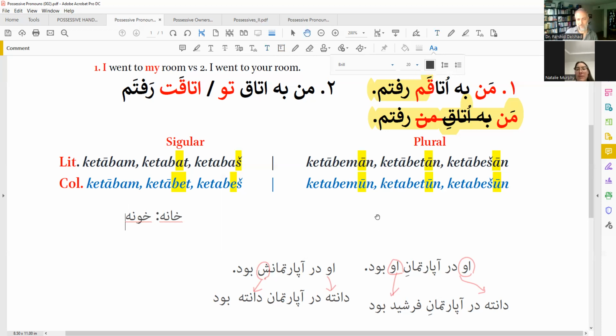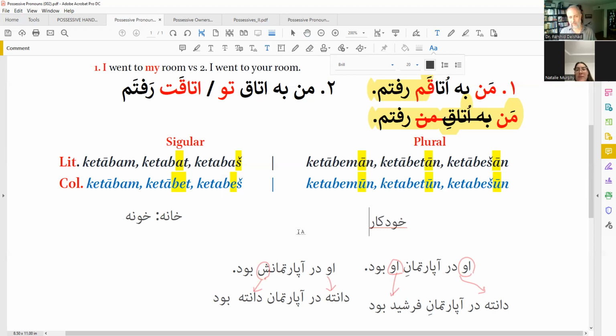Or what about this word, خودکار, which meant pen. So خودکارم, خودکارت, خودکارش, خودکارمان, خودکارتان, خودکارشان. Colloquial, how would it be? Khodkaram, khodkaret, khodkaresh, khodkaremun, khodkaretun, and khodkareshun. Exactly.